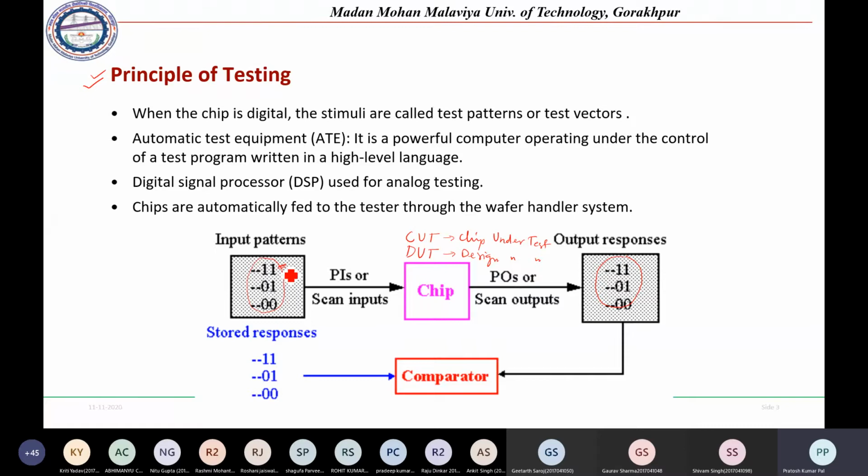These random inputs are called test vectors, or test patterns. Whatever inputs we provide to the chip under test or design under test are called test patterns or test vectors.